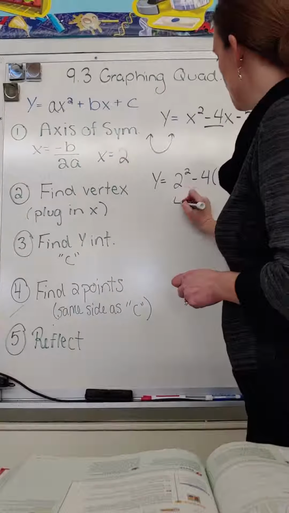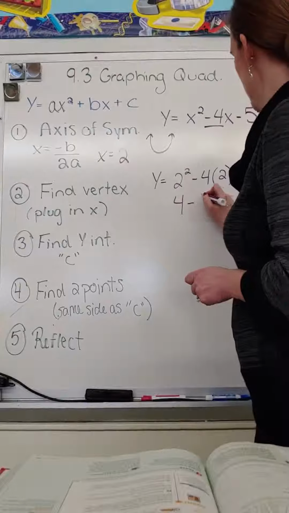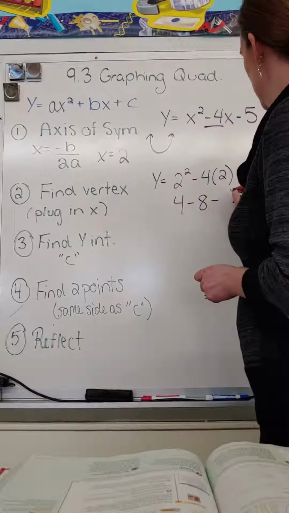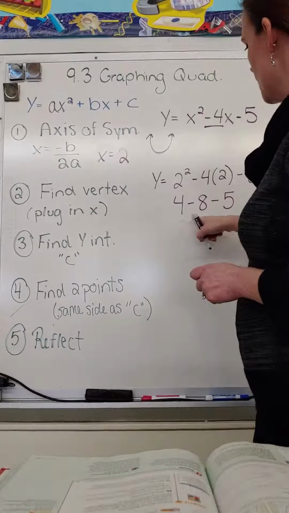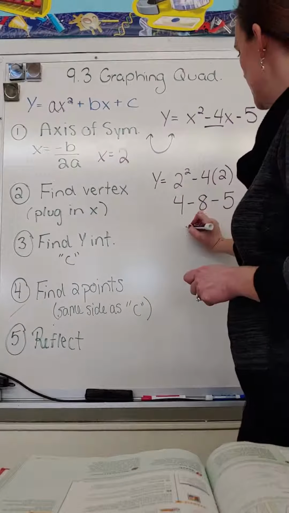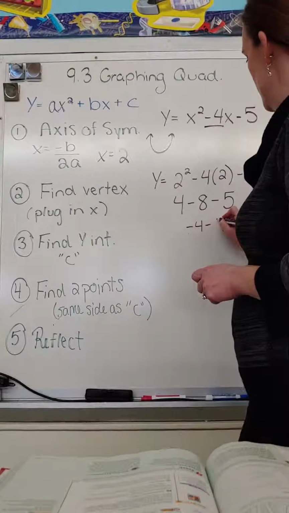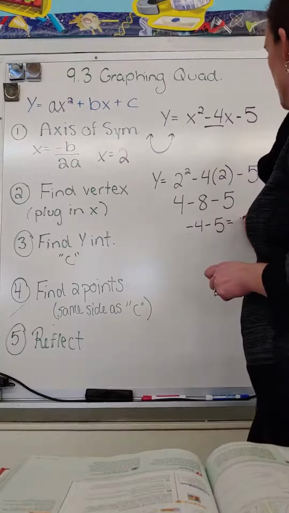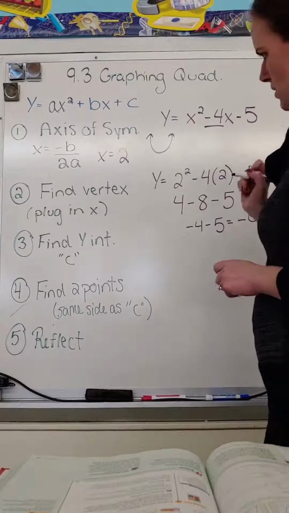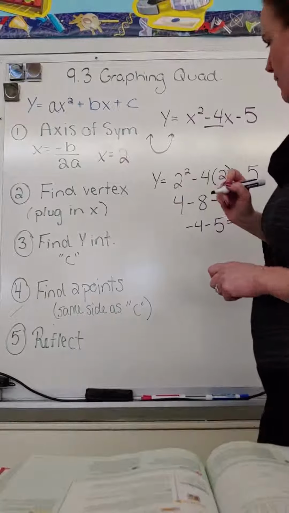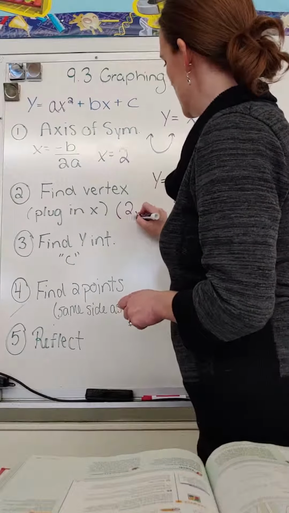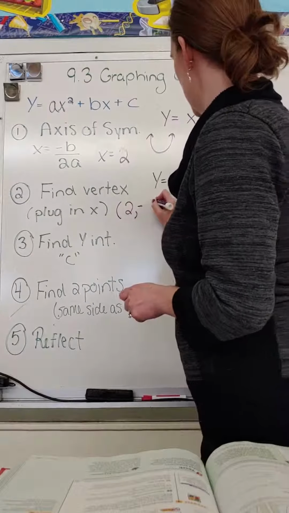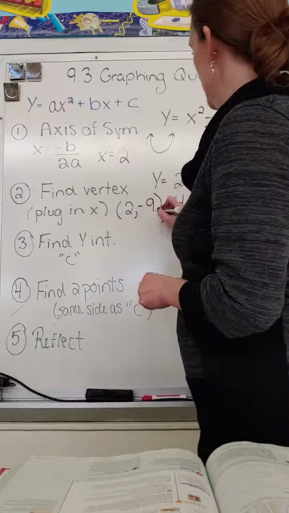So I'm going to have 4 minus 8 minus 5, and 4 minus 8 is going to give me negative 4 minus 5, so negative 9. So I have that my vertex is going to be the point 2, comma, negative 9.